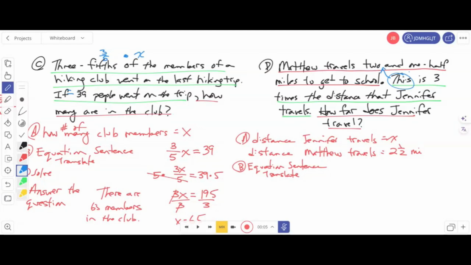It's talking about 2.5. The word is equals 3 times the distance Jennifer travels, we called X. 2.5 equals 3 times X.